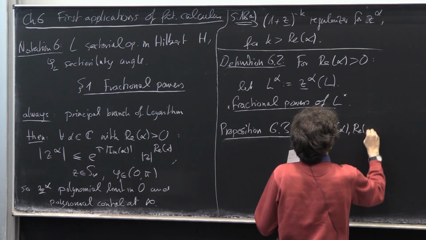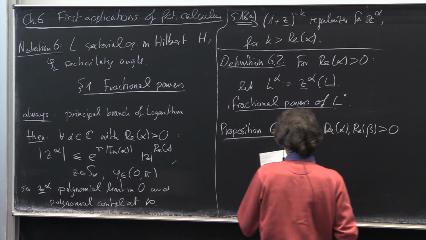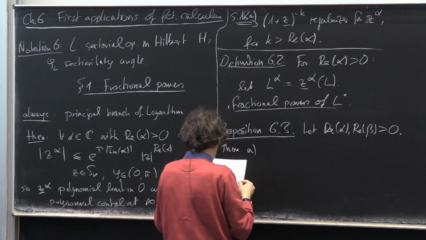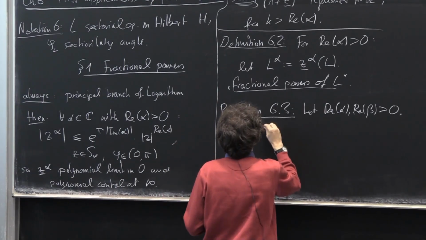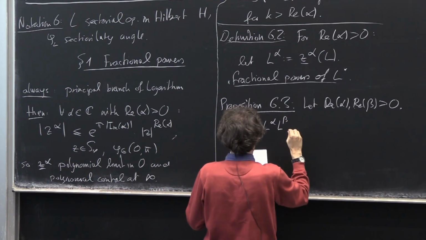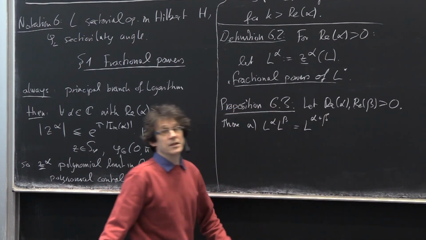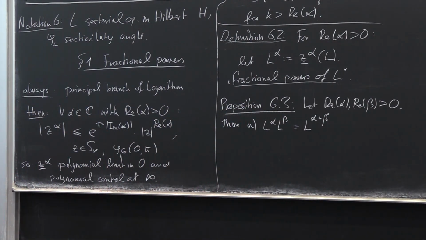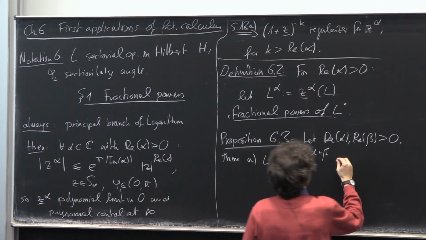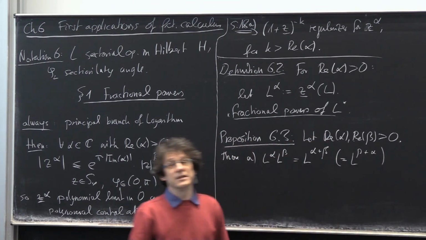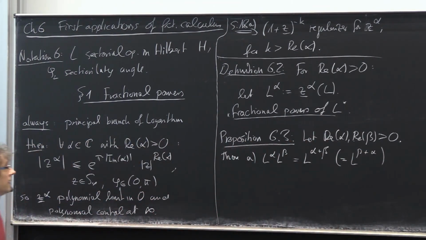So if you take two exponents with positive real parts, then you get, as a first thing, L to the alpha times L to the beta is the same as L to the alpha plus beta. And you can change names, so this is the same as L to the beta plus alpha. Okay.